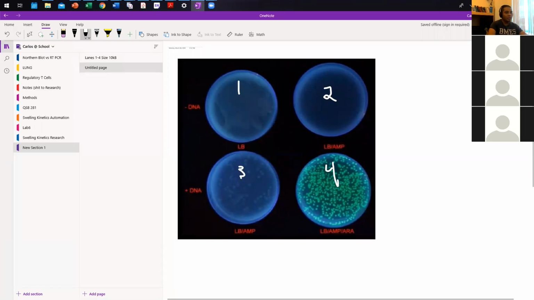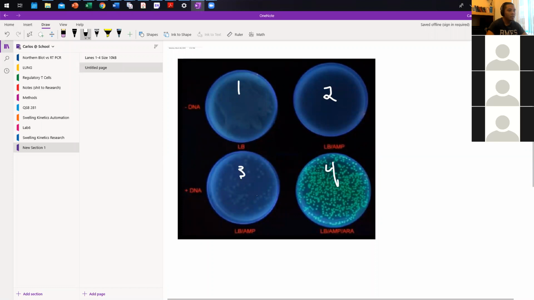Here you have some culture growth. So here you have cultures that have the plasmid inserted, which is why they have resistance to ampicillin.